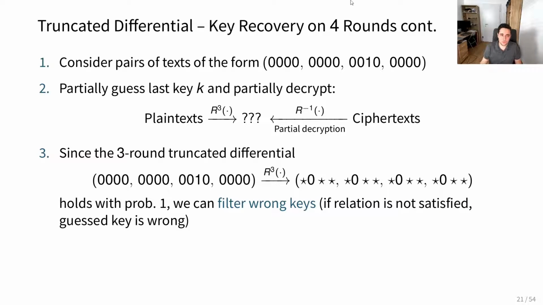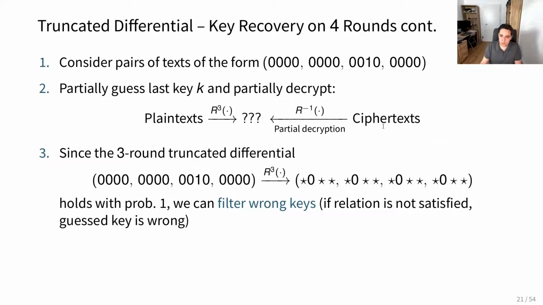And how does this work in more detail? We consider a pair of texts which has exactly this 0, 0 to 0 input difference. This is what we had in the beginning. Then we partially guess the last key k. For the plaintexts we have, we request the ciphertexts from the encryption oracle.